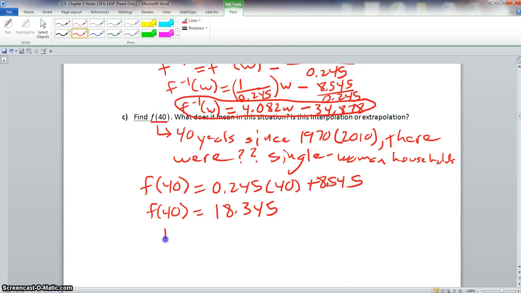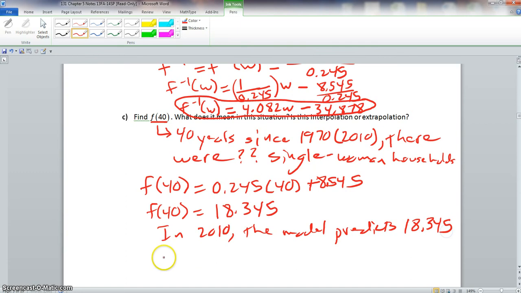And then we could write, in 2010, the model predicts 18.345 million single woman households.